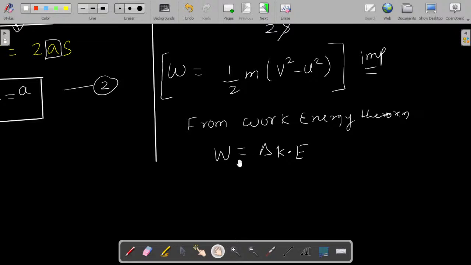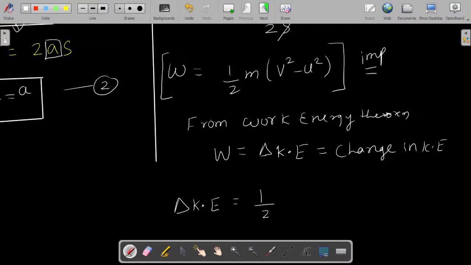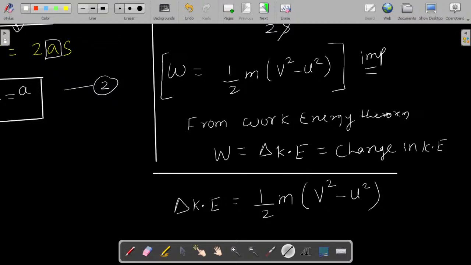Delta represents change. So write down work is equal to change in kinetic energy. So the change in kinetic energy is equal to half m into v square minus u square.